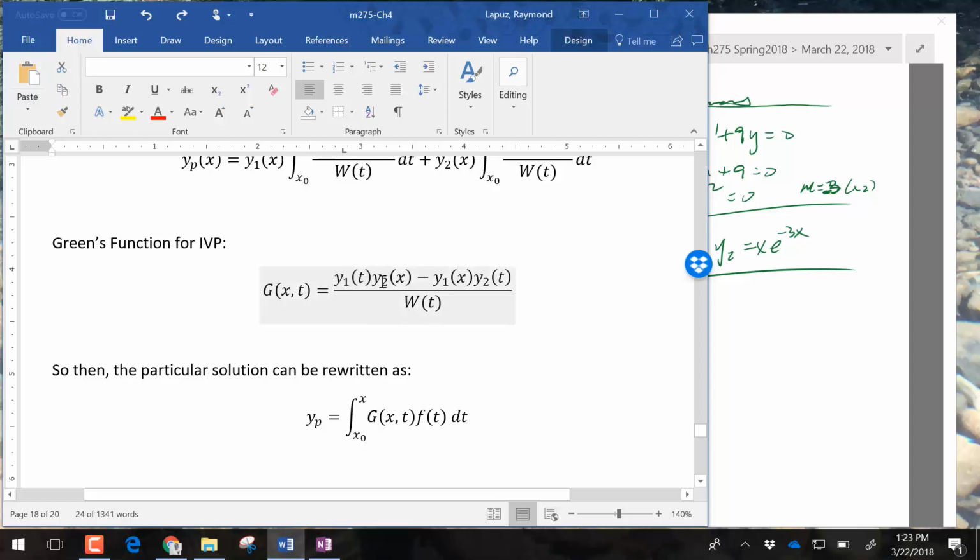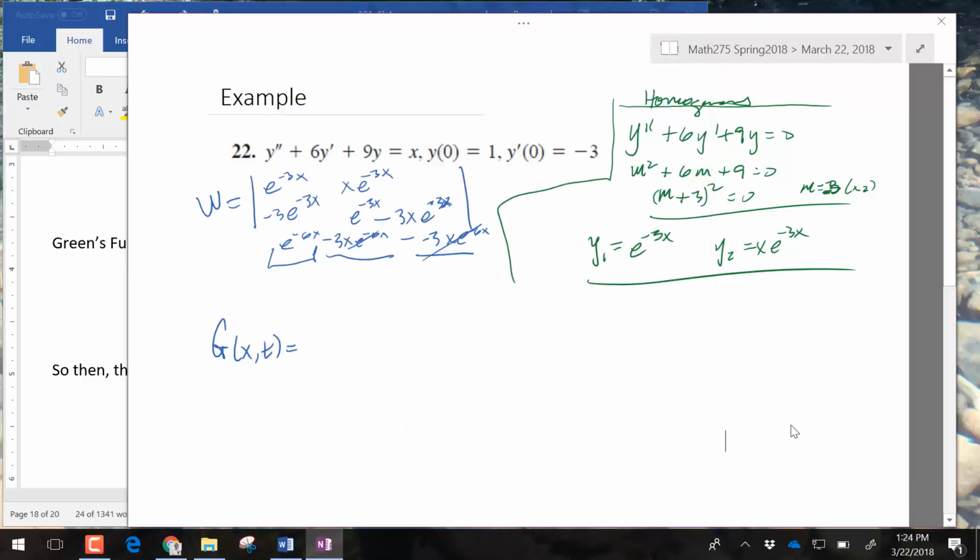So we have y1 first with a t, and then y2 with an x, and then y1 with an x, and y2 with a t. That's your way of remembering it. And then we're going to divide by the Wronskian with a t.